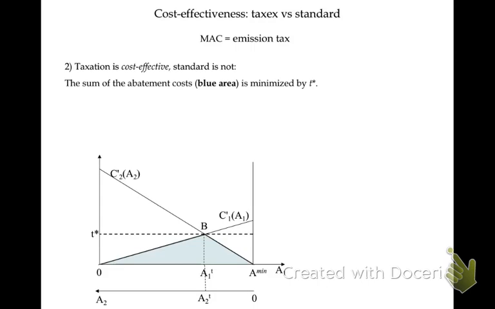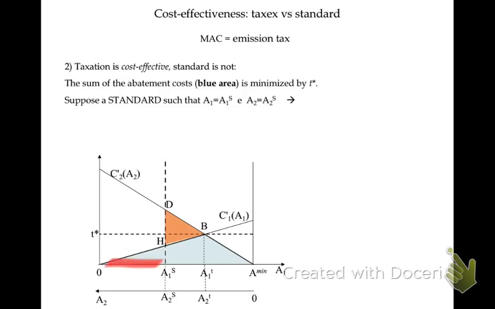Suppose that you have a standard, and because of the standard, firm 1 has to abate up to this level, and firm 2 has to abate again at this level A1S. Okay? What is the cost of the first firm? The cost of the first firm is lower, because it's only this area, this red area. But the cost of firm 2 is given by this triangle.